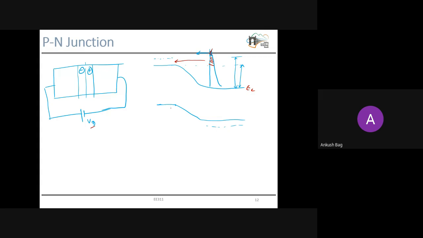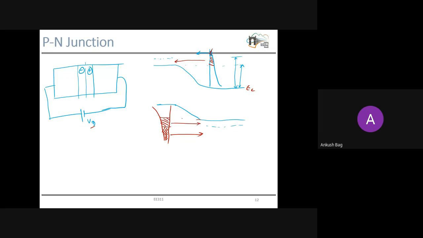And similarly in the case of holes, let's say earlier these many holes were able to cross. Now, due to this barrier lowering, these additional holes will be able to cross.